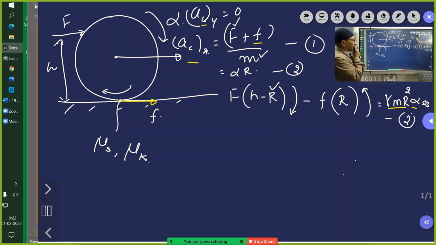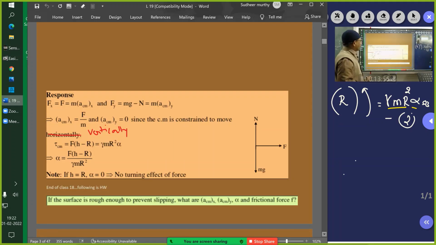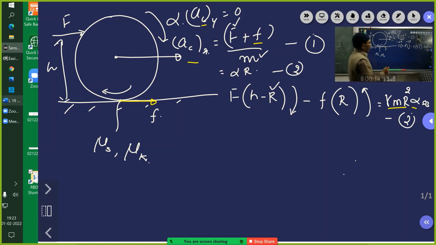Sir, the condition that a_C equals alpha into r is true only if the body is rolling. Yes, if the body is rolling only. They have only told us there is friction, not that it is not slipping. Don't get it wrong: if the surface is rough enough to prevent slipping, then this is the condition, provided it is rolling without slipping.